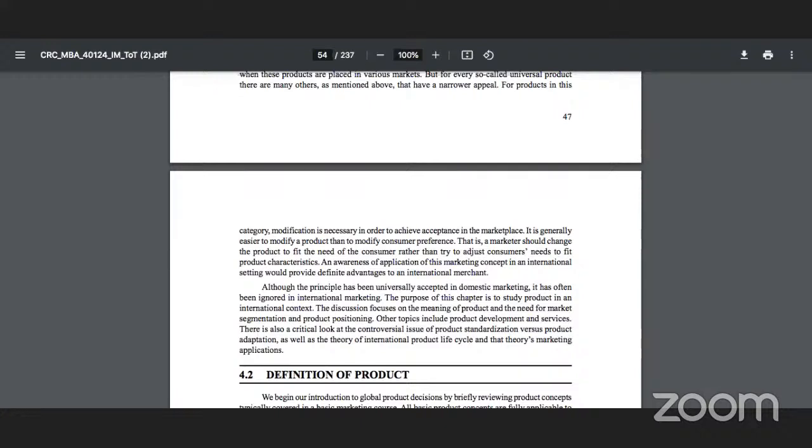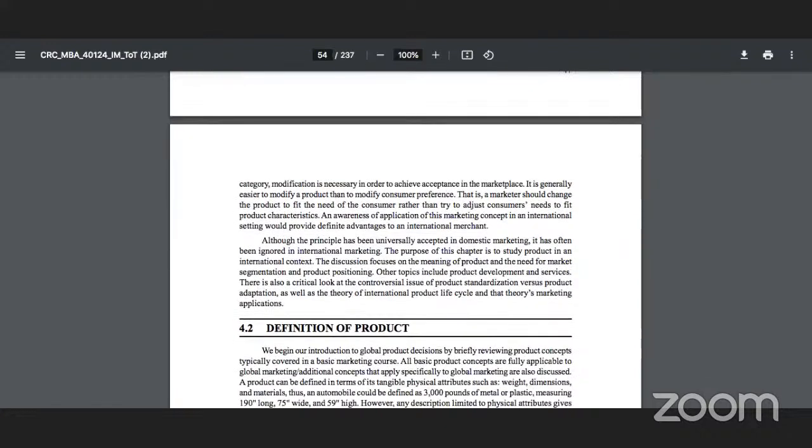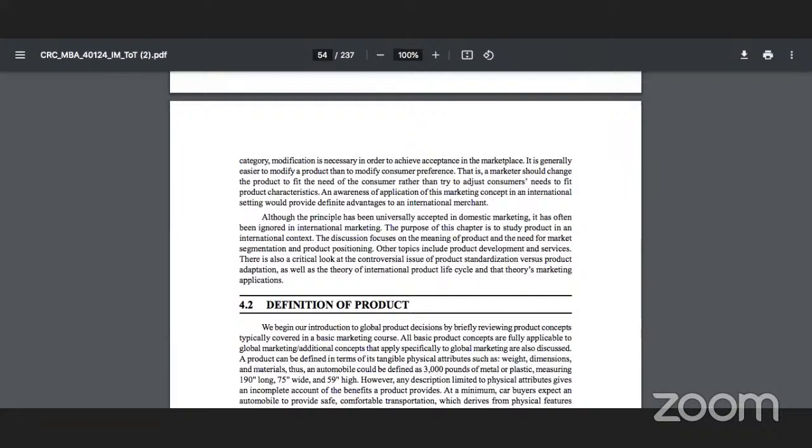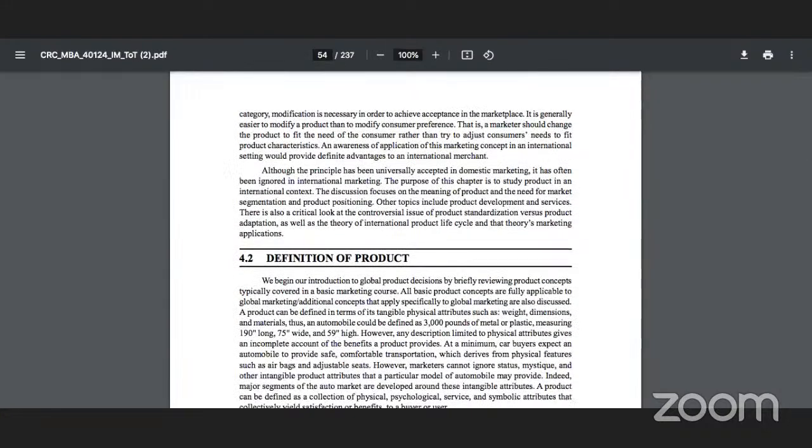So they have customized not only the products, we are seeing that they are coming out with multiple spicy flavors because that is what clicks with our taste or palate. But they have also removed some standard products on their menu when entering the Indian market. This is fundamentally to achieve acceptance in the local marketplace. So that is why we are talking in terms of modifying a product to consumer preference.